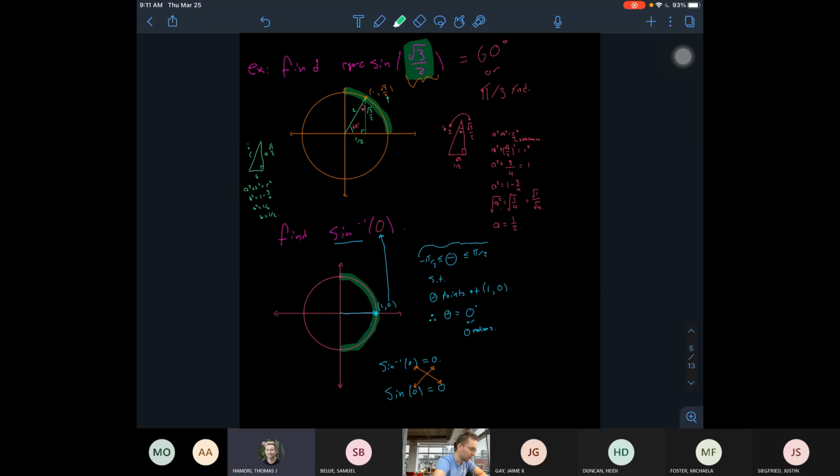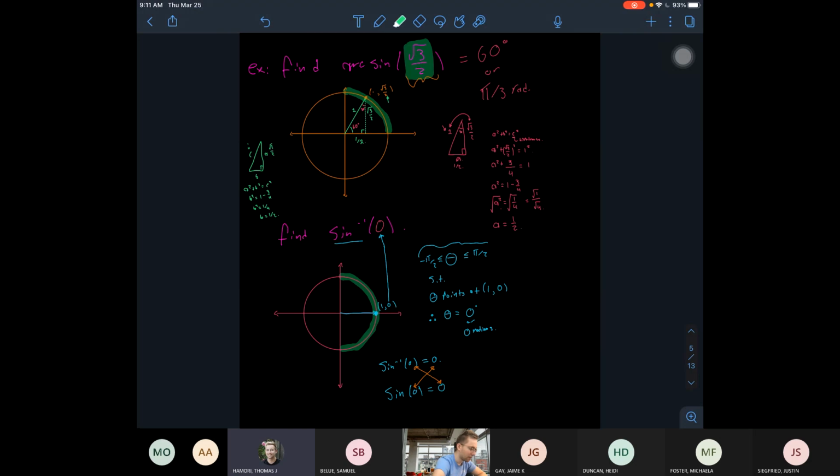Okay, again, to recap, the first step is to draw a unit circle and put on it a point on the right half of the unit circle if we're doing sine. We want to find a point on that right half which has the y value given by the argument of our function.